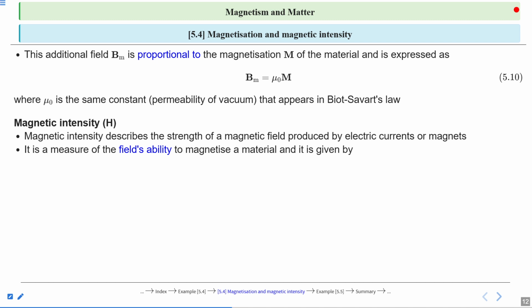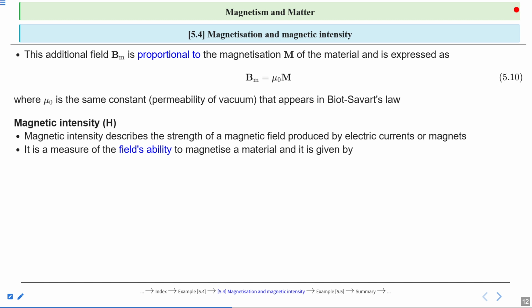That is ability. Similarly, the field's ability is to what extent that field can magnetize a material.